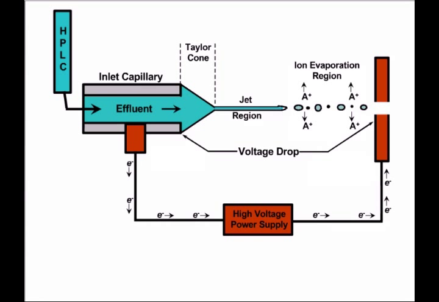We sometimes see this referred to as the ionization region, but that is in fact incorrect. Ions are formed in solution prior to coming into the electrospray interface, and it's one of the topics that we'll discuss in just a few minutes in regards to the pH of the mobile phase being set to preferentially form the ion types that we want.